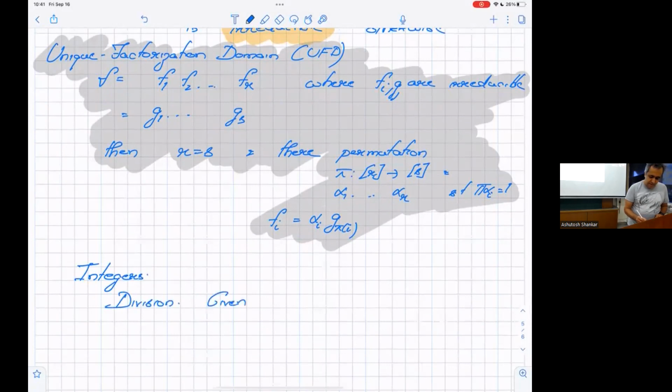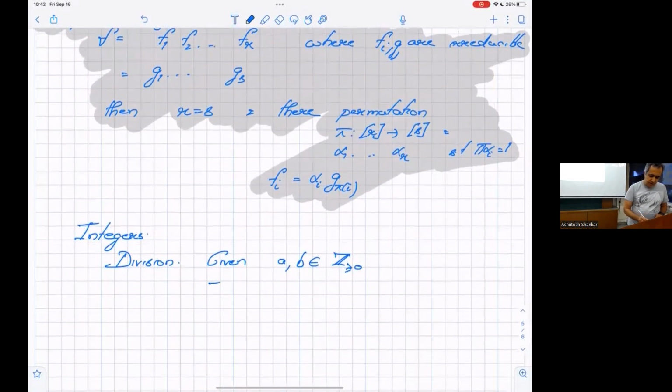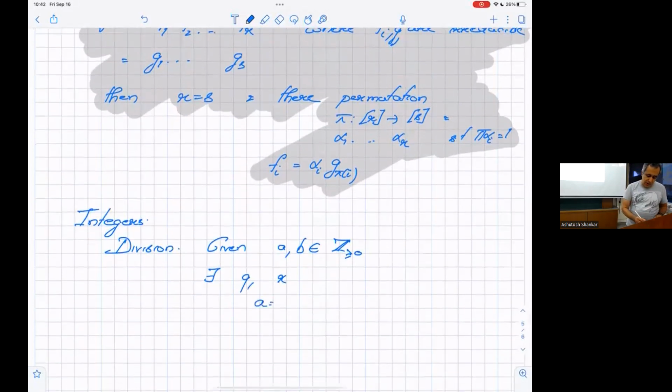Given A, B among the positive integers, let me just work with positive integers, there exist Q and R, which are called the quotient and the remainder, such that A equals BQ plus R. These are also non-negative integers.